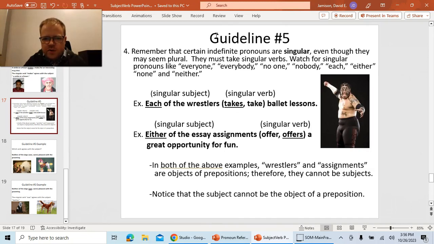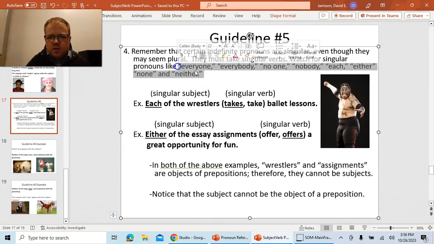Watch for singular pronouns like everyone, everybody, no one, nobody, each, either, none, and neither. So yeah, watch out for those. All of those are singular. Some of them don't seem singular, but you'll end up normally using these correctly anyway.